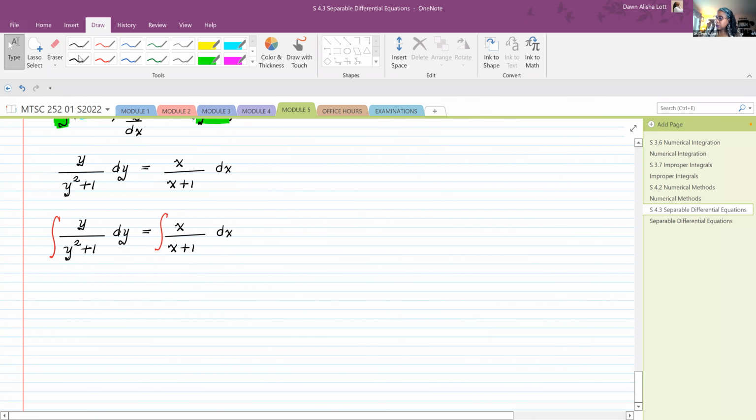All right, so let's look at the left-hand side. The left-hand side is the integral of y over y squared plus 1. How do I integrate that? How do I integrate this problem?